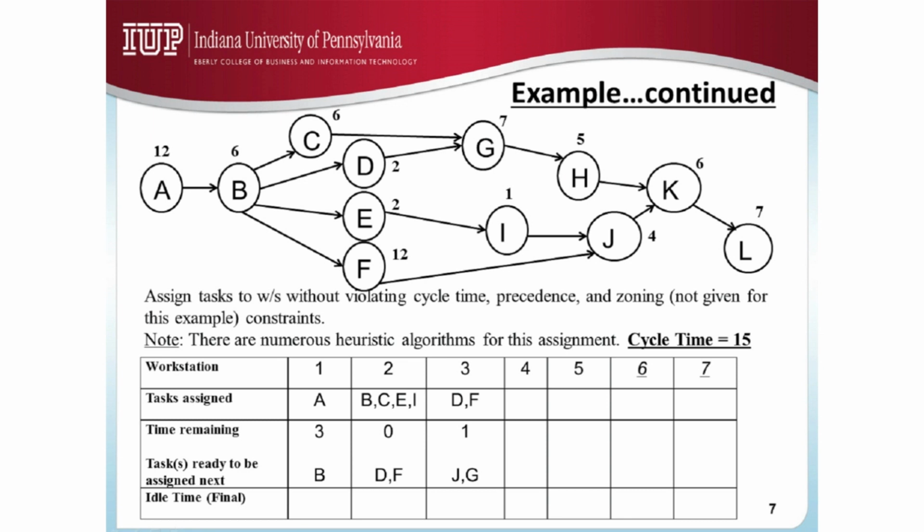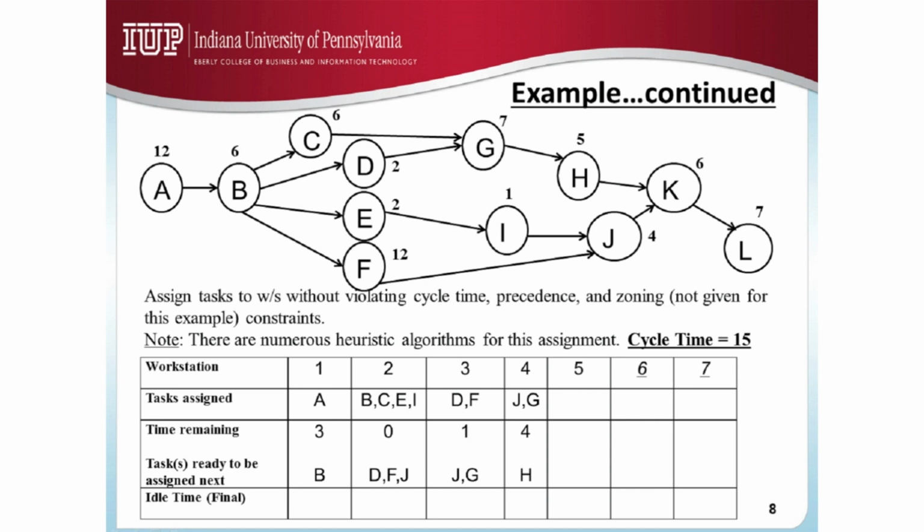Together they take 11 minutes. So I can put both of them in workstation 4, and that's what I did. J and G together are assigned to workstation 4, and the remaining time is 4 minutes because J and G together take 11 minutes out of the 15.